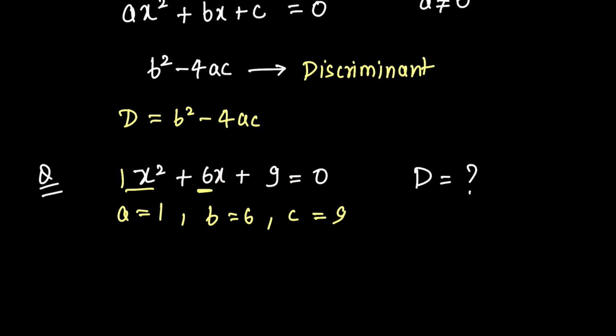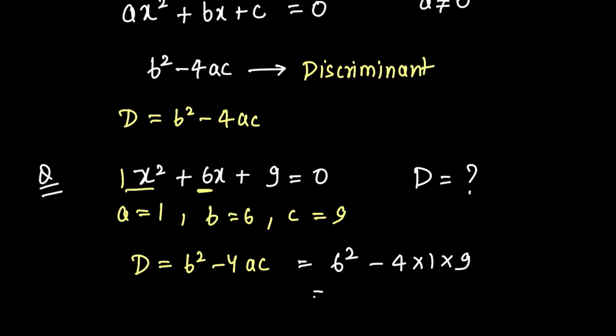You'll also have to take the sign. For example, if it was minus 9, then c would be minus 9. Now D is equal to b square minus 4ac. So this becomes b square, that is 6 square minus 4 into a into c. 36 minus 36, that is equal to 0.